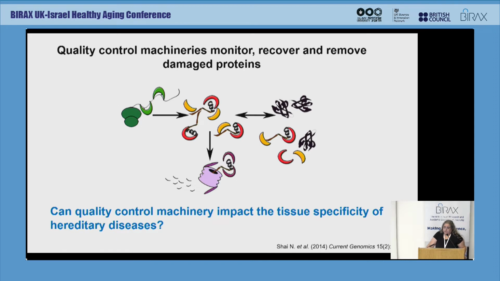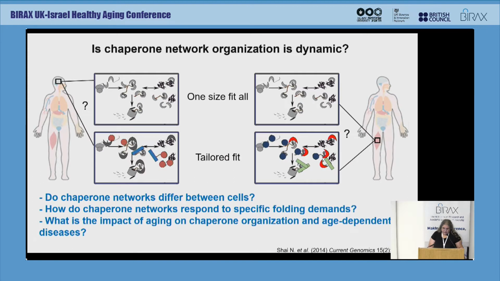The other arm of the quality control system is the degradation machinery, mostly the autophagy and the proteasome system. And this arm can also recognize damaged proteins, but sends them for degradation, basically removing them from the cell. The two arms obviously cooperate and talk to each other, and together they form the quality control machinery. Today I'm going to focus mostly on the chaperone system.